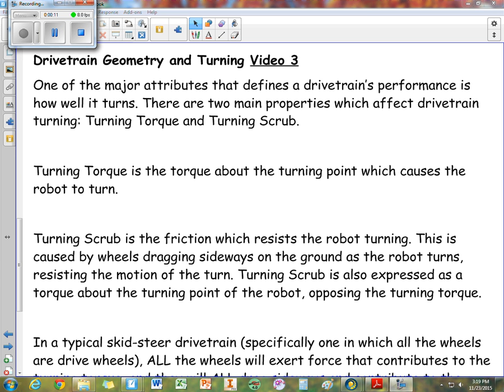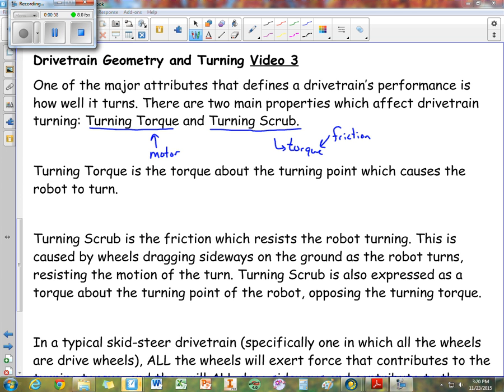One of the major attributes when we talk about the drivetrain's performance is how well it turns. There are two main properties: the turning torque and the turning scrub, which is also a torque. We can think of this as torque from the motor, and this as torque from friction.